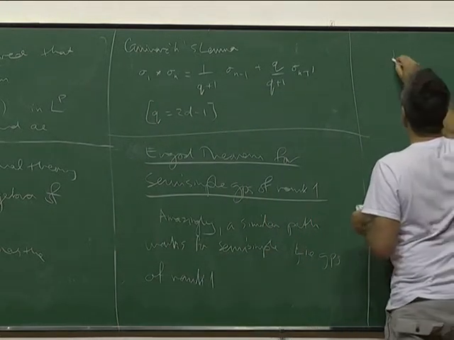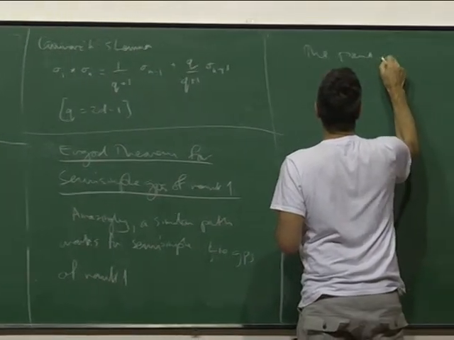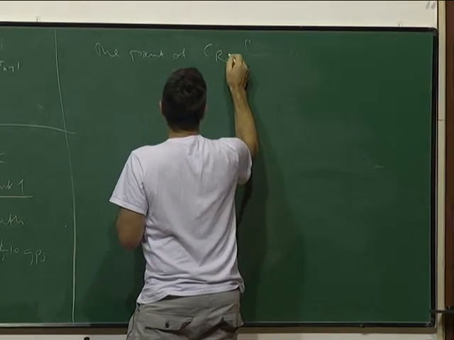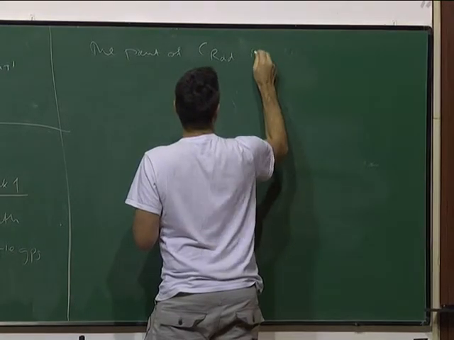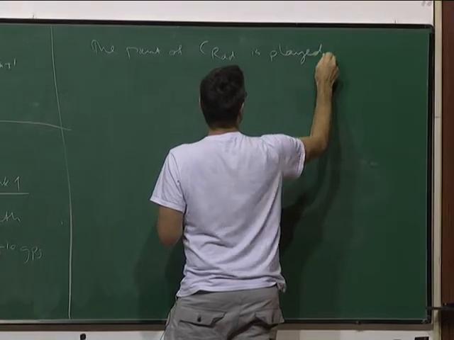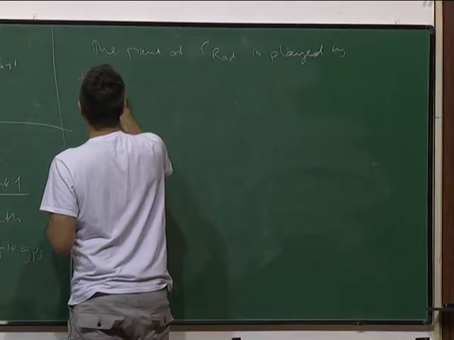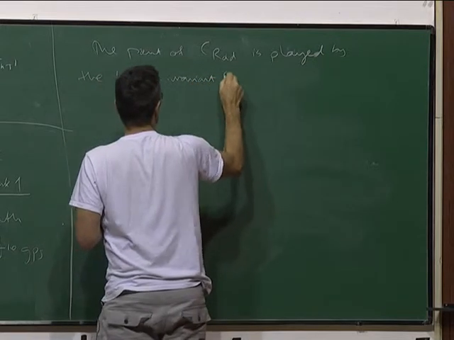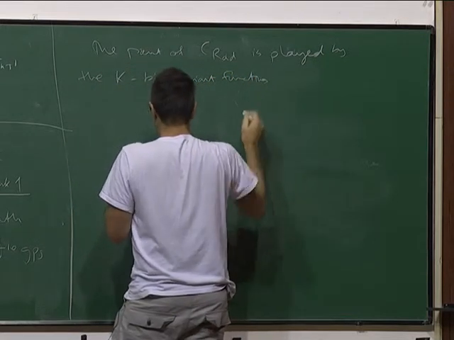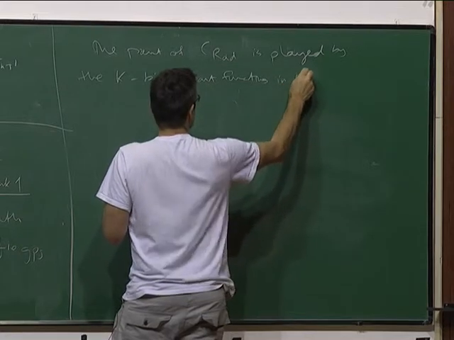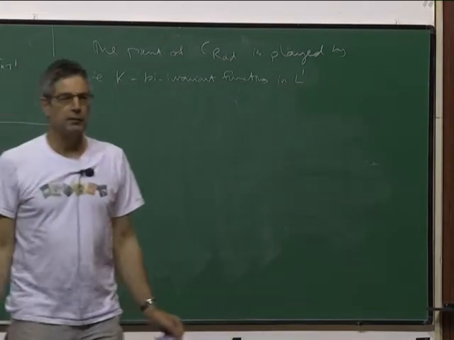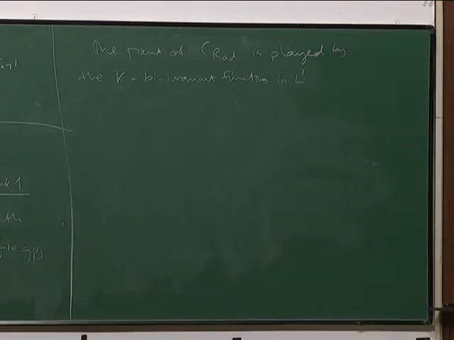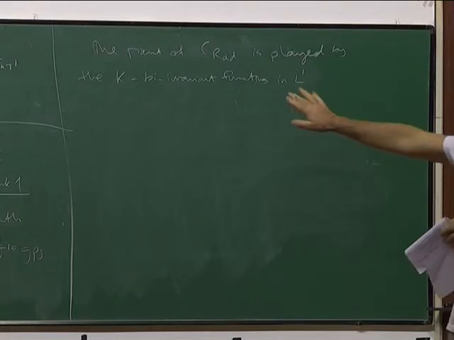And so we all know that the L1 K-invariant functions are a commutative algebra because G, K is a Gelfand pair, and therefore you get a commutative algebra along those lines.